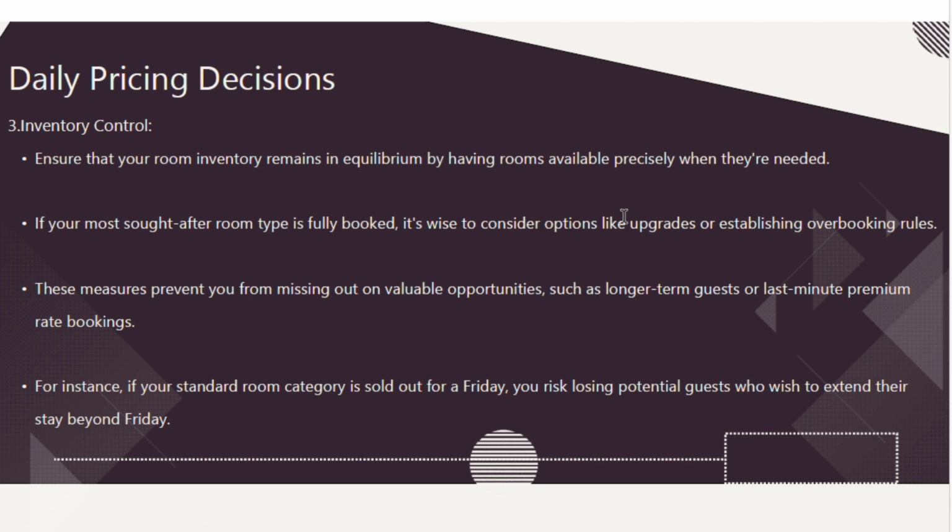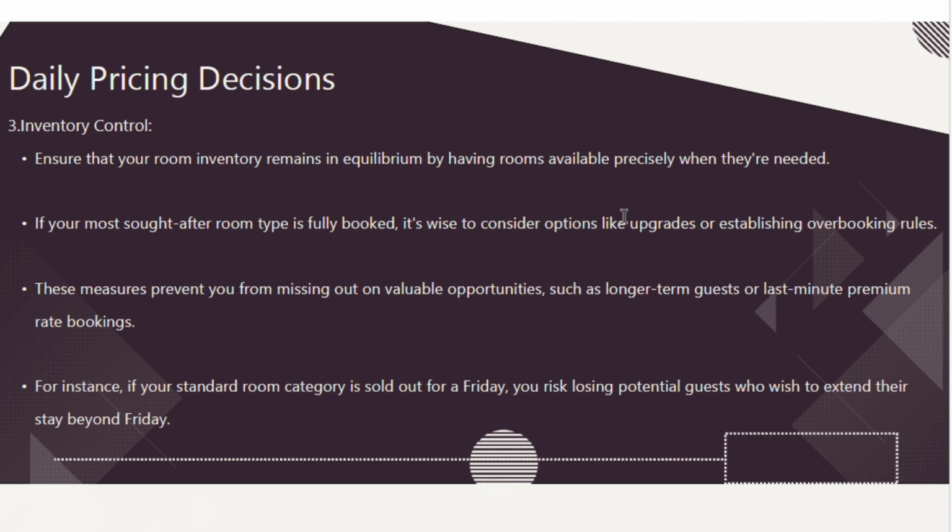If you are calculating the rate and the overall ADR for a particular room type, then this can help you, if you keep the lowest room type for premium rate bookings towards last minute or walk-in guests.